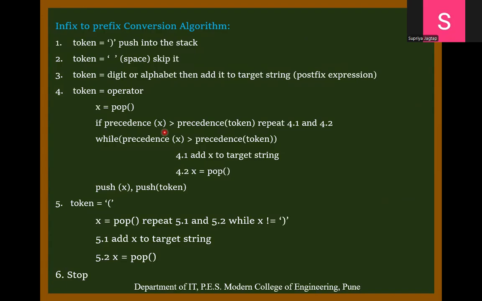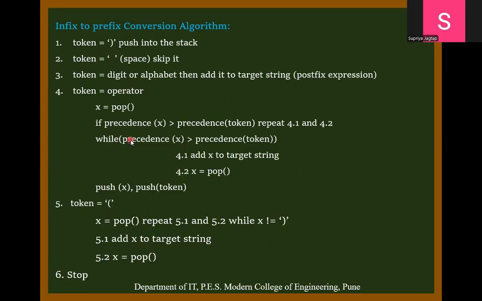The only change is whenever we come across a closing bracket, as we are reversing the string, we'll come across the closing bracket first. So we have to push it into the stack. And whenever we come across an opening bracket, we follow the same steps till we reach the closing bracket.